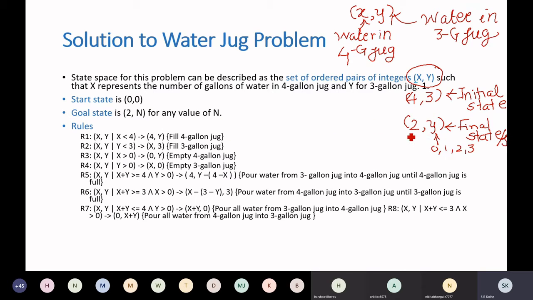Possible final states are now (2, 0), or (2, 1), or (2, 2), or (2, 3). All these are final states. If you get one of these, that will be the solution to the problem. All these final states are also called solutions or solution states.